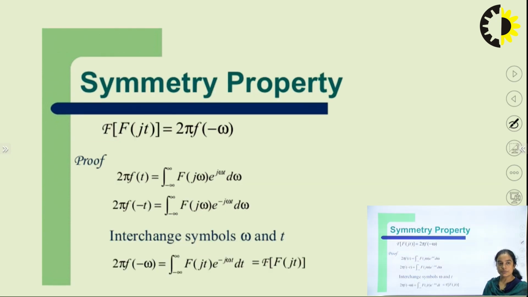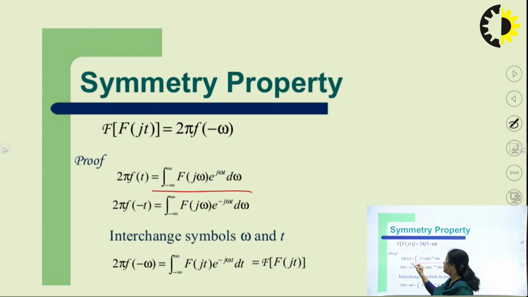So this is the symmetry property. If f(t) has Fourier transform F(j omega), then the Fourier transform of F(j t) is 2 pi f of minus omega. This is the integral property that we had seen: f(t) is 1 by 2 pi, integration from minus infinity to infinity, F(j omega) e to the power j omega t d omega. So now you can write 2 pi into f(t) as this.